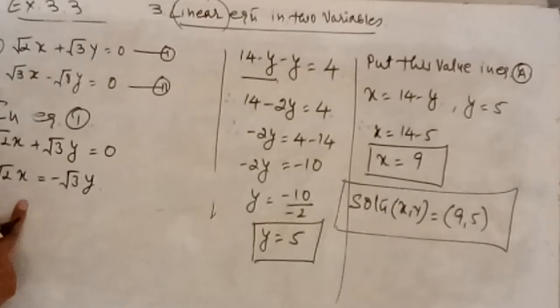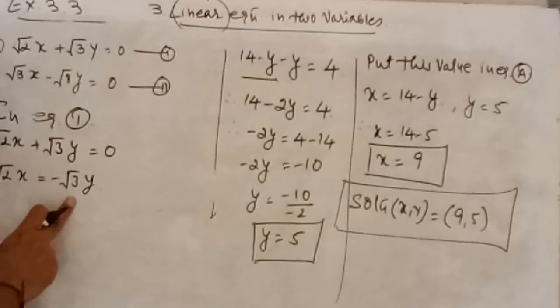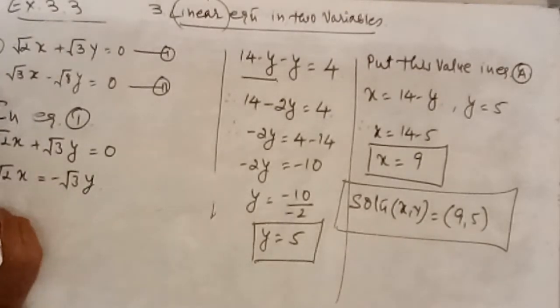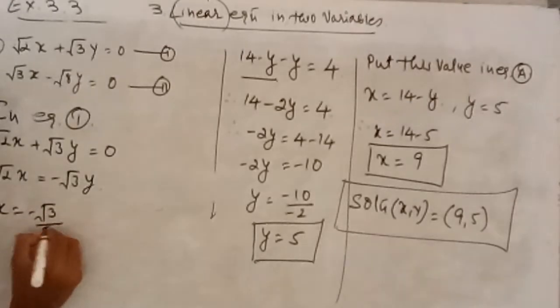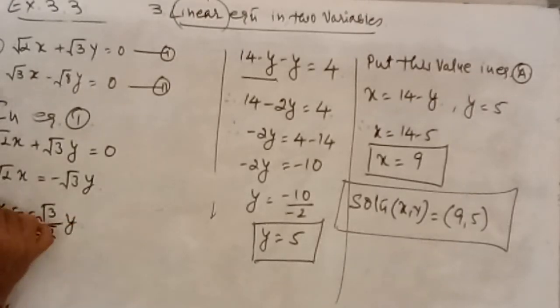Now only variable x is needed. If any coefficient is there, that also we have to shift. Here root 2 is a coefficient, it is in the multiplication, so we have to shift it on the division side. So x is equal to minus root 3 upon root 2 y.